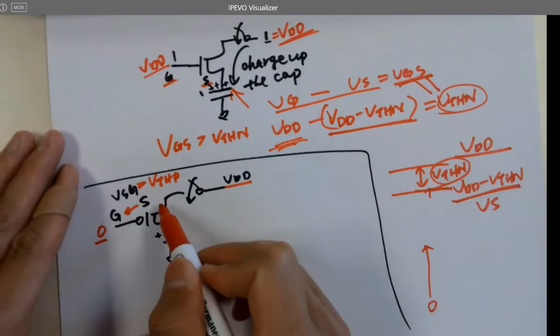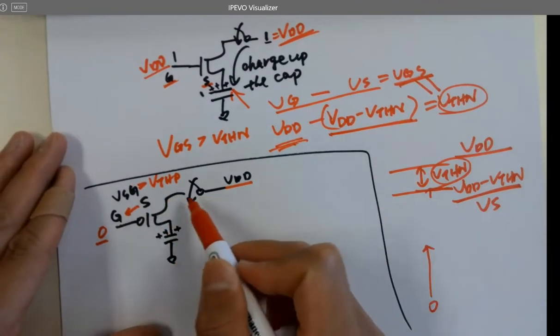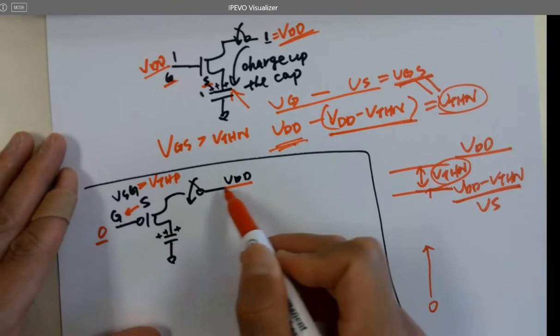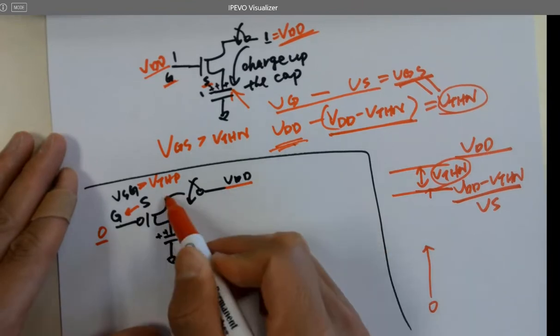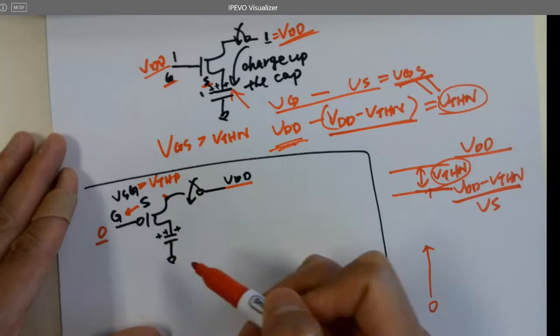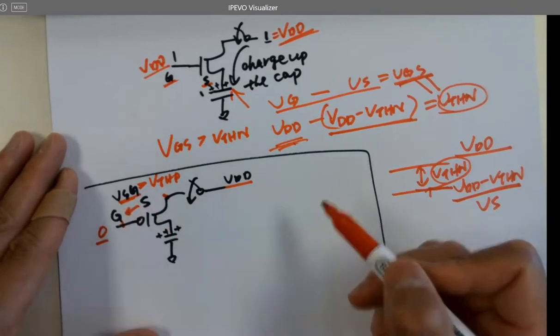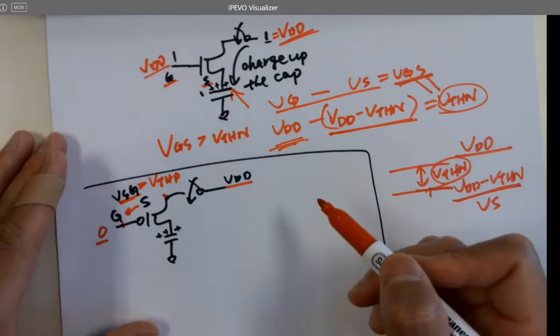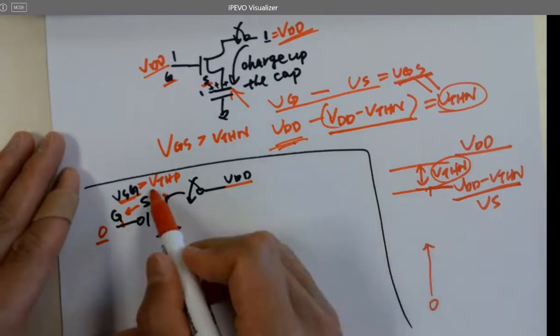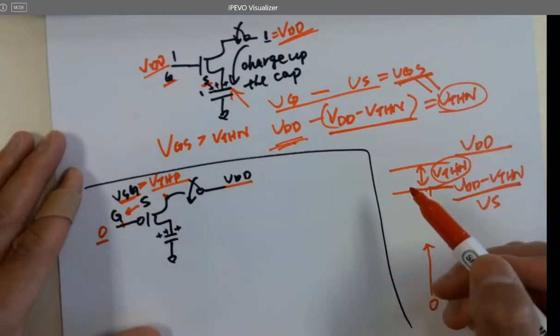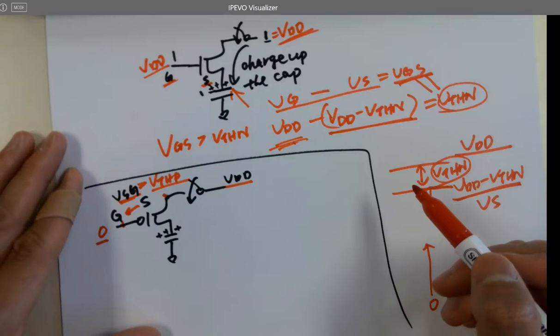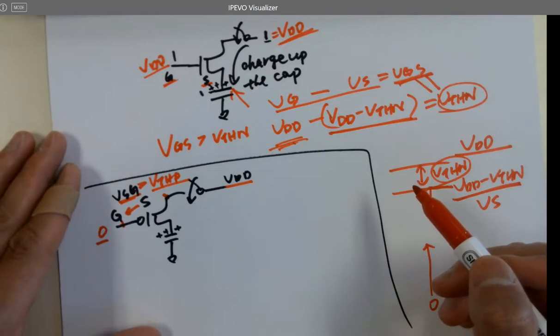But for the PMOS here, you close the switch, this voltage becomes VDD, and this voltage is 0, so VSG is VDD. It's good, so it turns on. This is larger than VTHP. Always look at the VGS or VSG, okay?